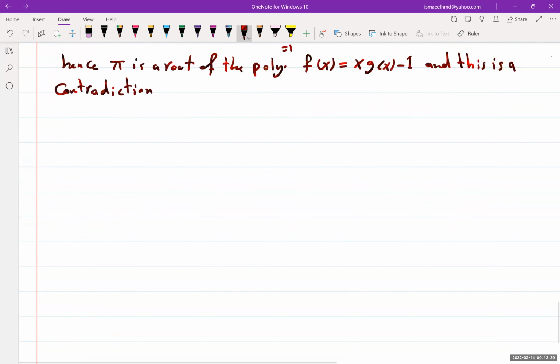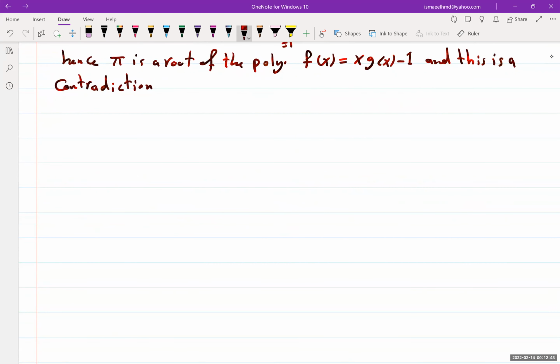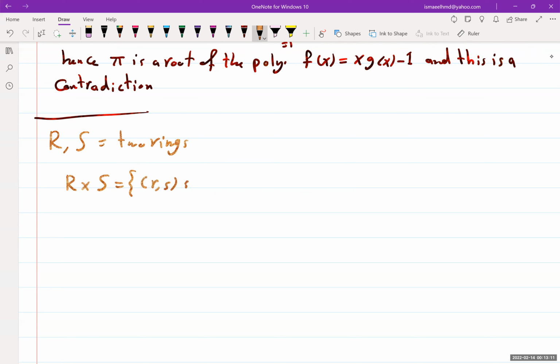We know if we have two rings, say R and S, we define the direct product of R and S as the set of all ordered pairs (r, s), r in R and s in S. This set is a ring with addition and multiplication of ordered pairs.